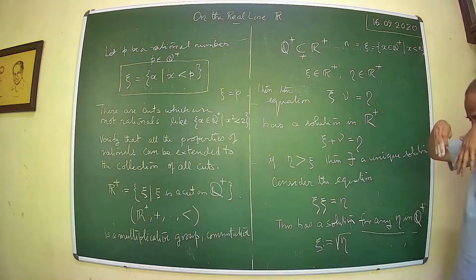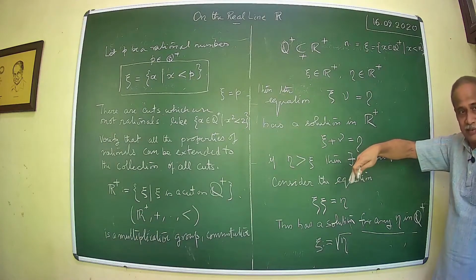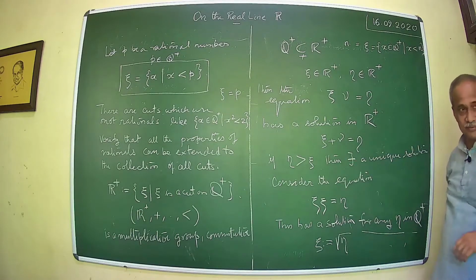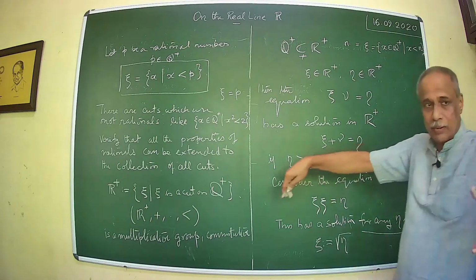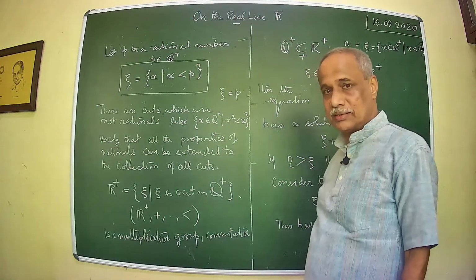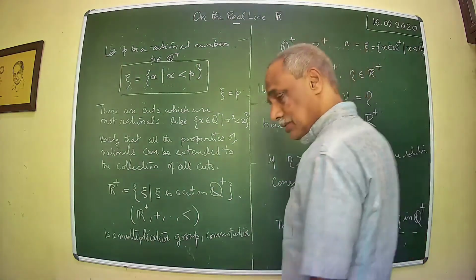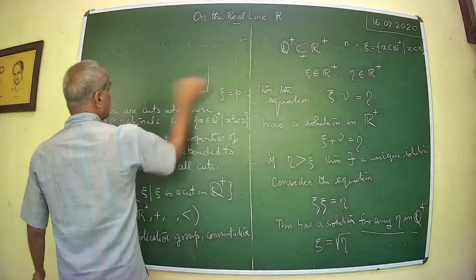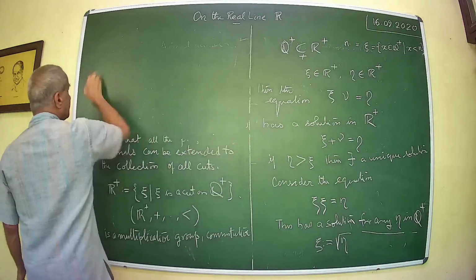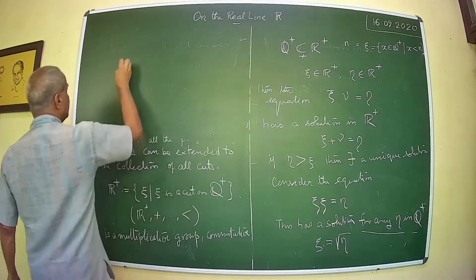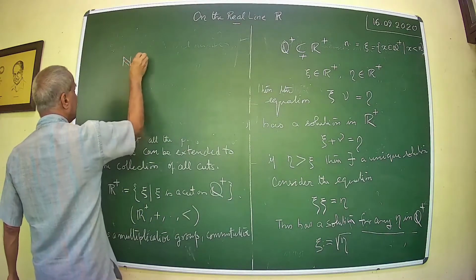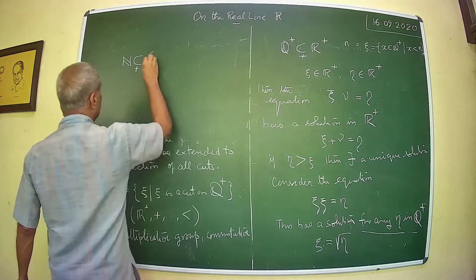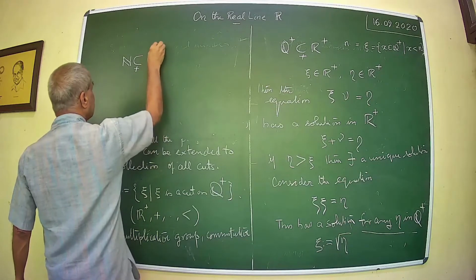So all the natural numbers are embedded in this collection of cuts. All the rational numbers are embedded in the collection of cuts. So what have we obtained? What we have obtained is this following structure. You have n on one side. So this is not equal to, but you got something more than this.